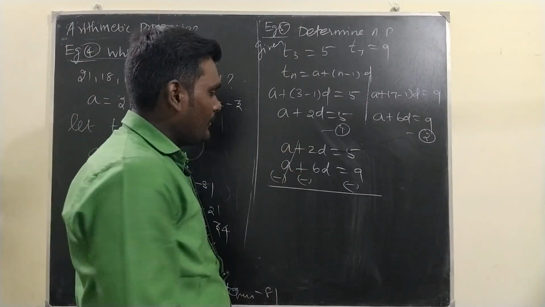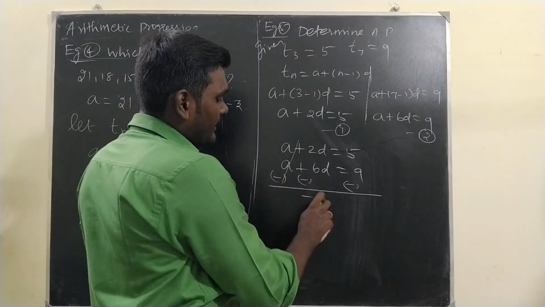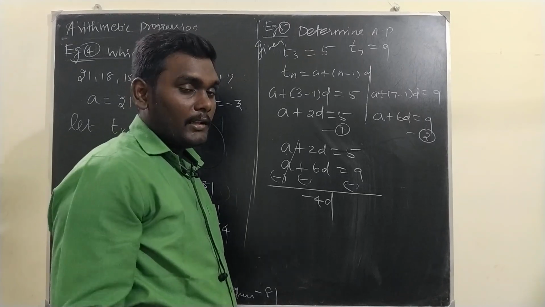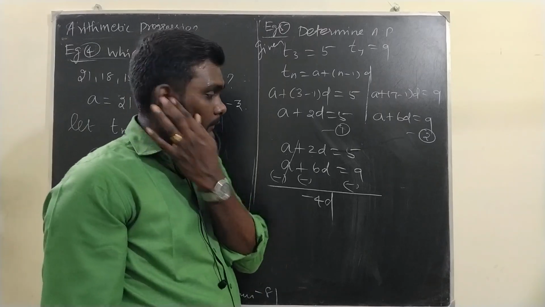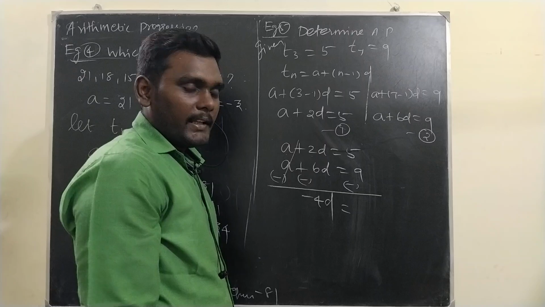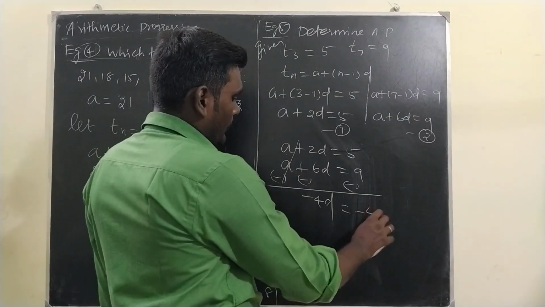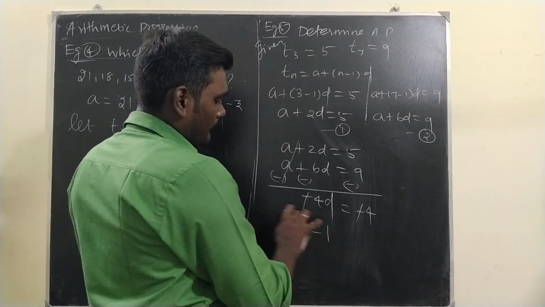So we are cancelling things out. 2D minus 6D is minus 4D. Okay, that is why I told you changing the sign is valid. Here 5 minus 9, how much? Minus 4. So minus minus will get cancelled. Then D equals 1.